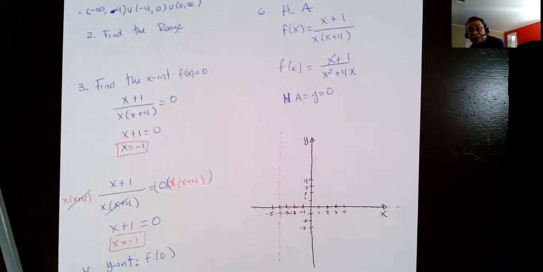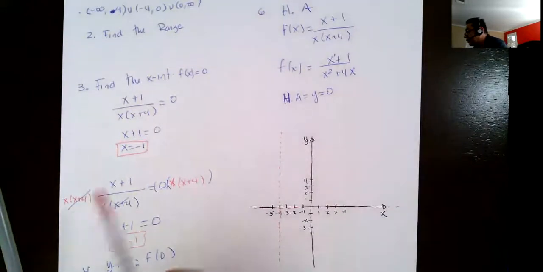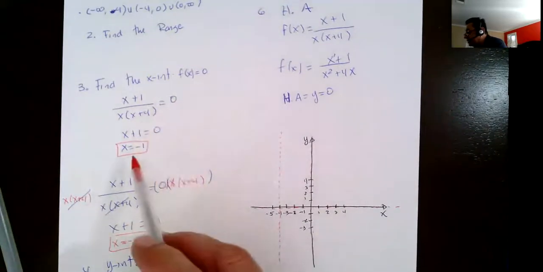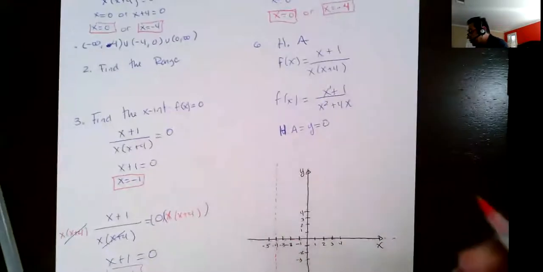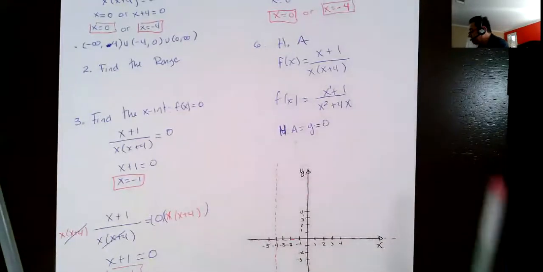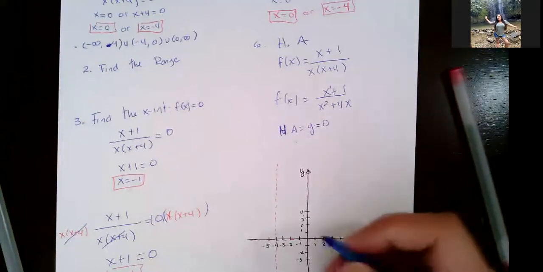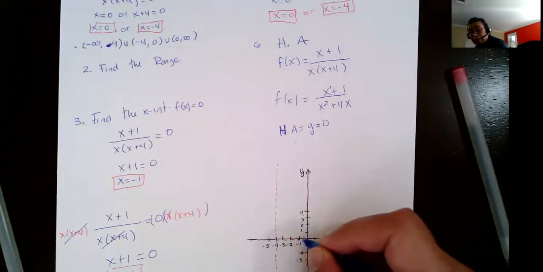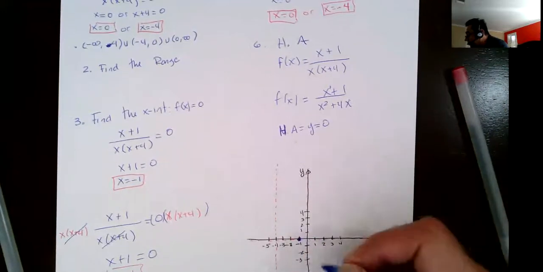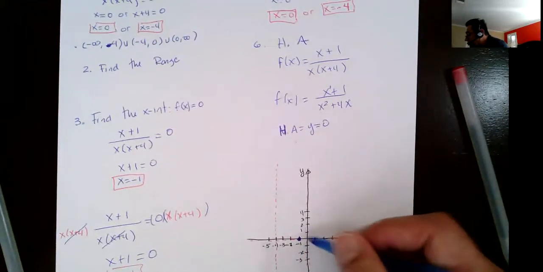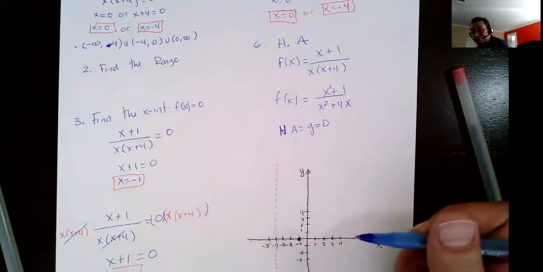But let's continue. Let's graph it first. So what are the x-intercepts? Let's go back to the x-intercepts. That would be x equals -1, right? Everybody? At x equals -1, plot this point right here. That's where the graph is going to cross the x-axis, by the way.